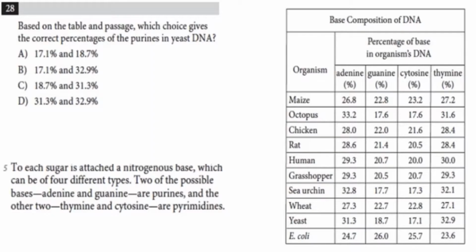Let's look at the question itself. Based on the table and passage, which choice gives the correct percentages of the purines in yeast DNA? Yeast DNA is down here, but we don't know what purines are. We've got adenine, guanine, cytosine, and thymine.